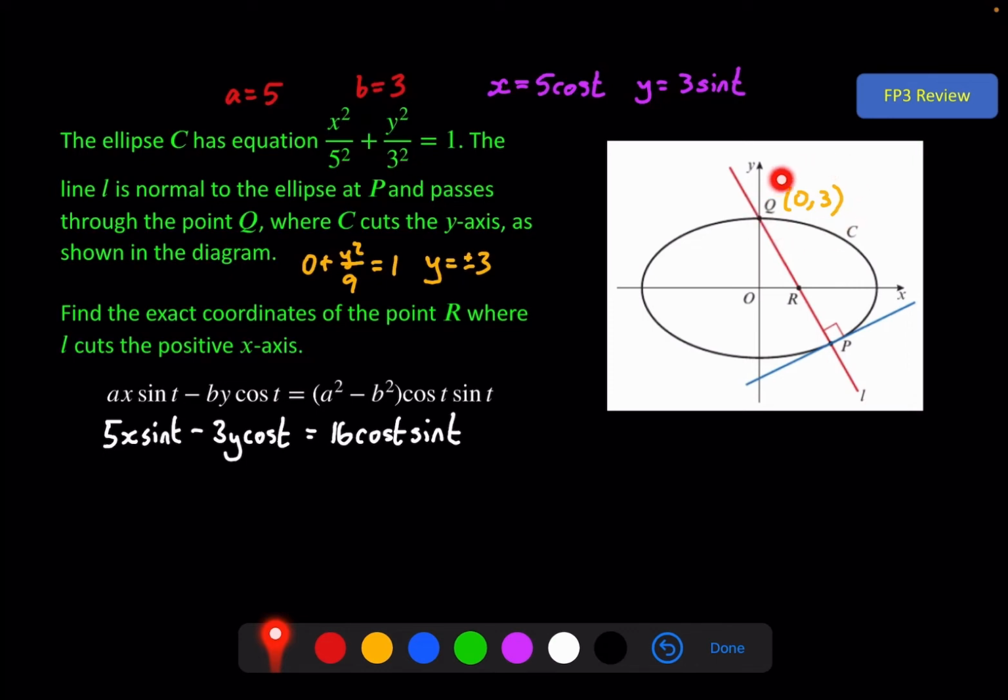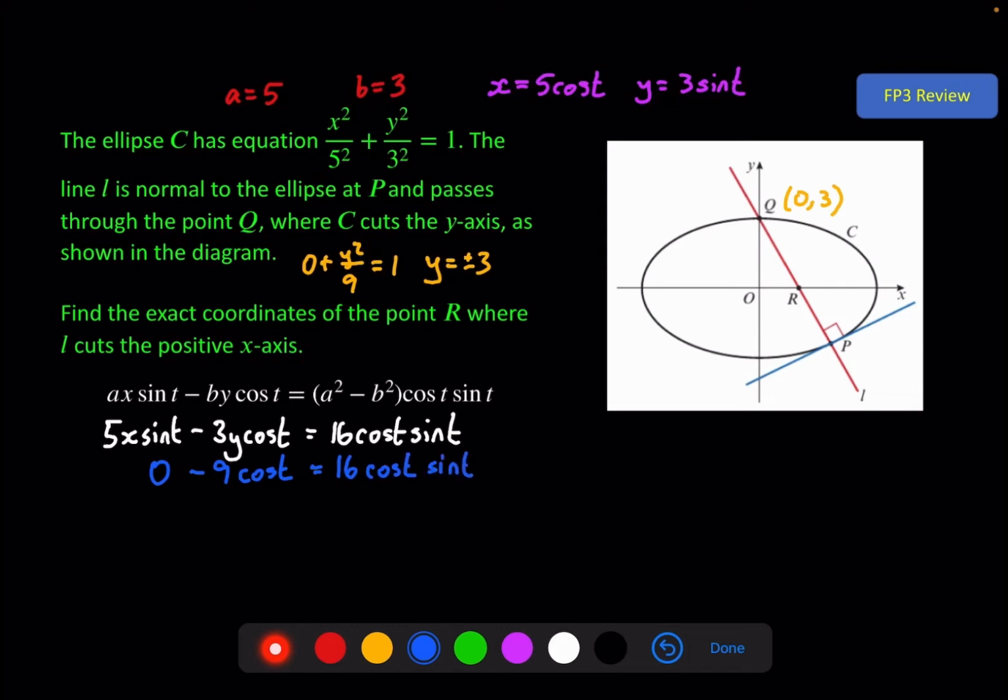So using the coordinates here, because we know that Q is also on the line L, we can substitute these coordinates into this equation in order to find the only thing we don't know, the parameter t. So if x is 0 and y is 3, then we get a nice 0 coming out here, minus 9 cosine t is equal to 16 cosine t sine t.